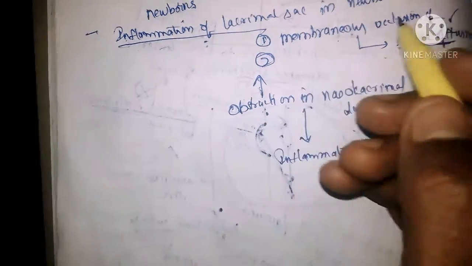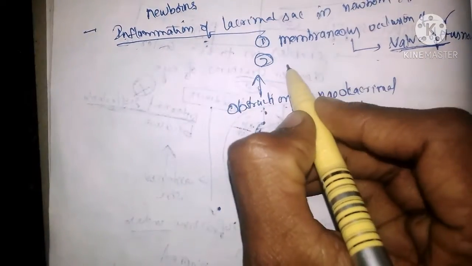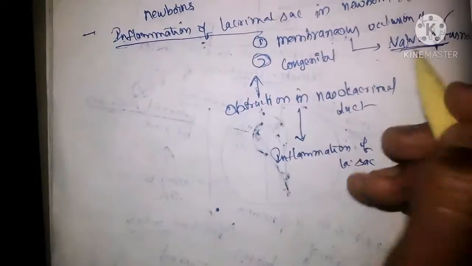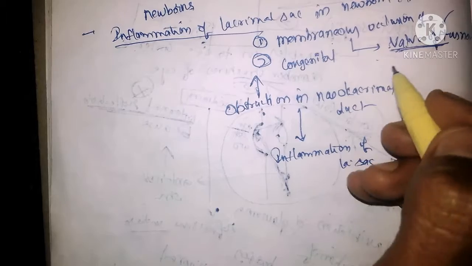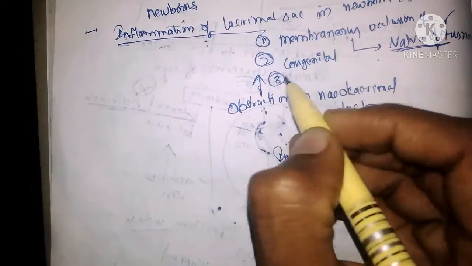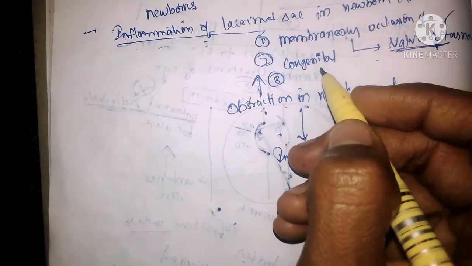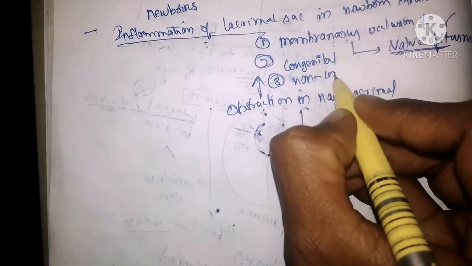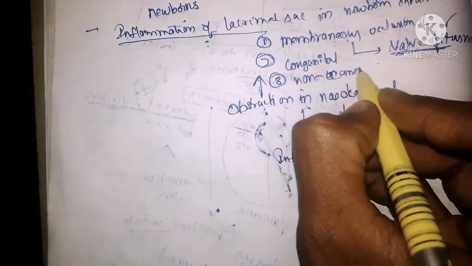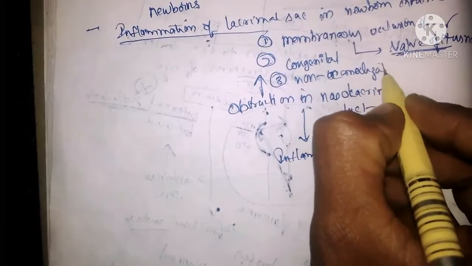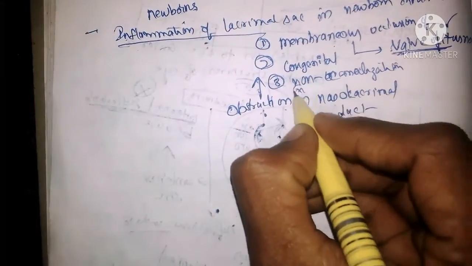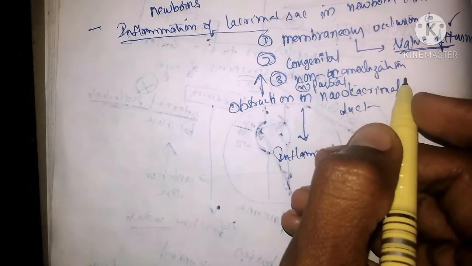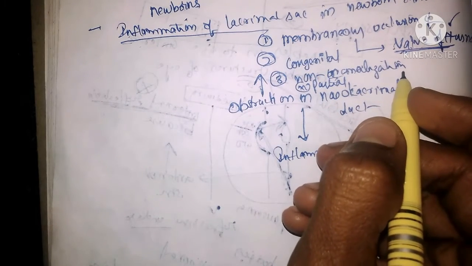The second cause is congenital nasolacrimal duct block. Third is non-canalization, or partial canalization of the nasolacrimal duct.